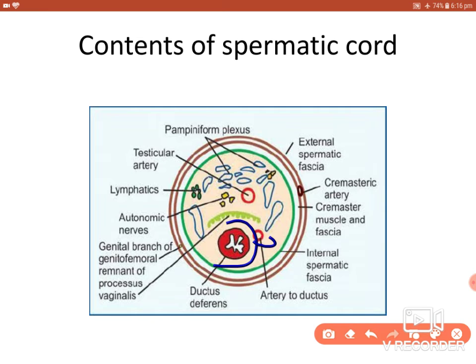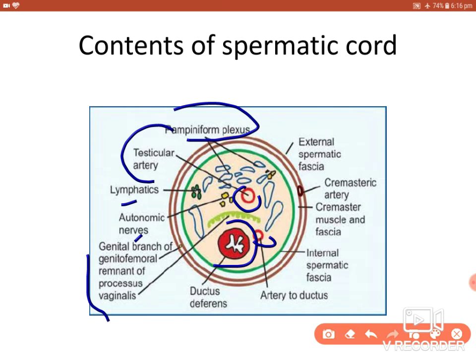Then veins of the testis, called the pampiniform plexus of veins. Then the artery of the testis, the testicular artery. Then lymphatics, nerves, and also the genital branch of the genitofemoral nerve.